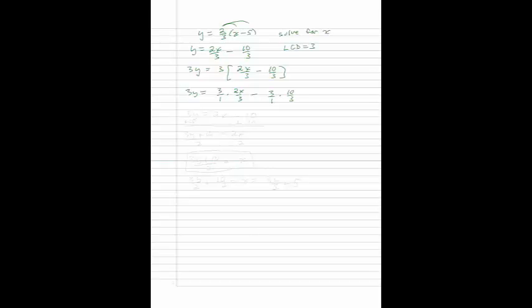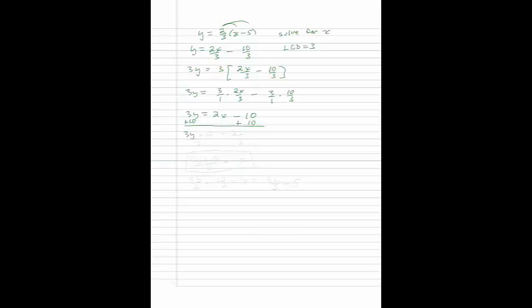Doing the fraction multiplication gives us 3y equals 3's cancel here, 2x minus 3's cancel here, 10 over 1, which is 10. We still want to solve for x. We want to get everything away from x. Let's deal with the minus 10 first. So we'll add 10 to both sides.